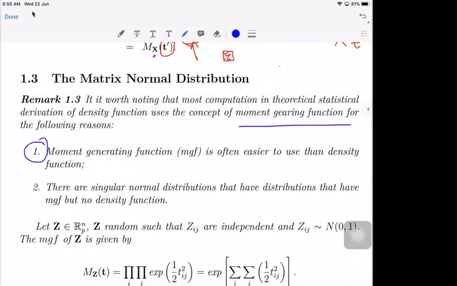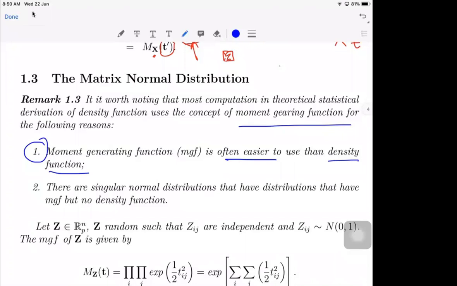Most often, the MGF is easier than deriving distributions through density functions or deriving statistical results using density functions.